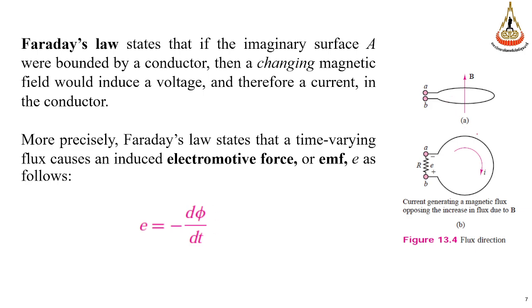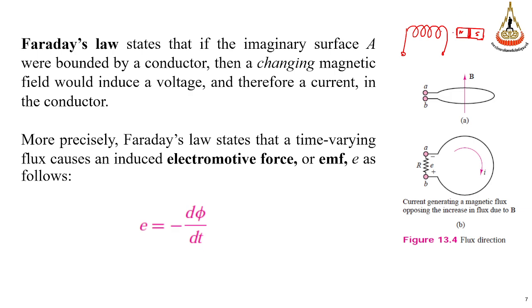If you have a coil like this and the magnetic field is not changing, if it just stays steady, there is no voltage.